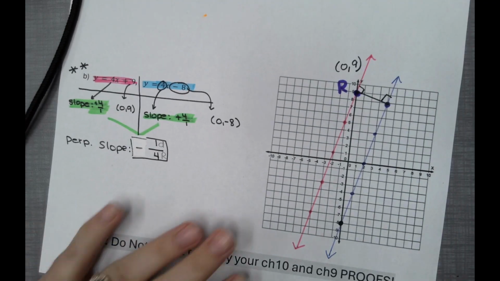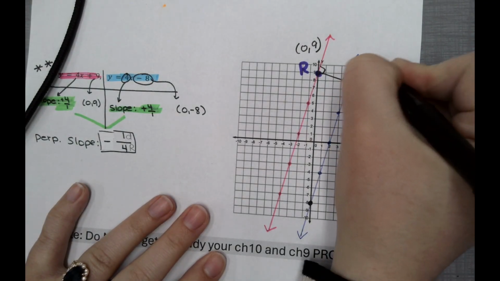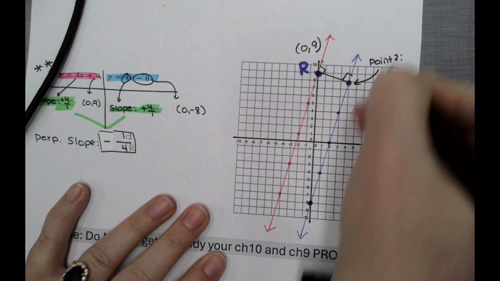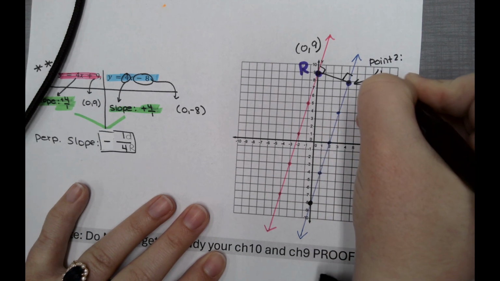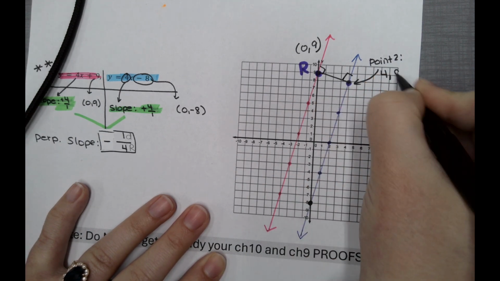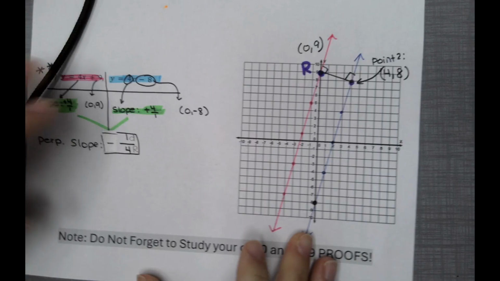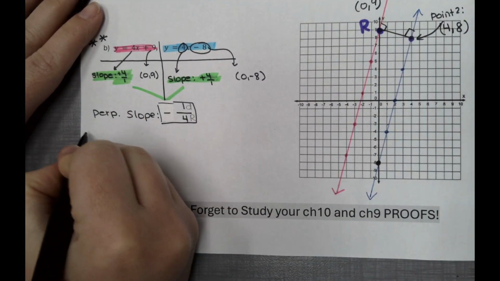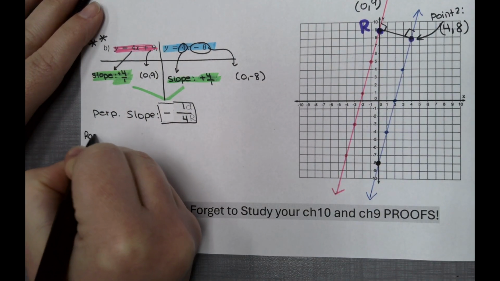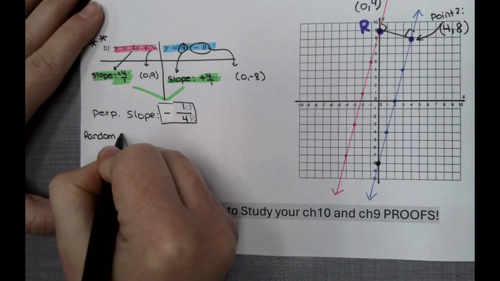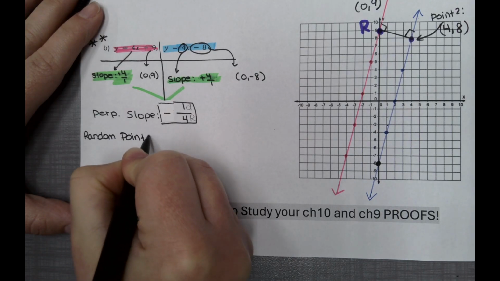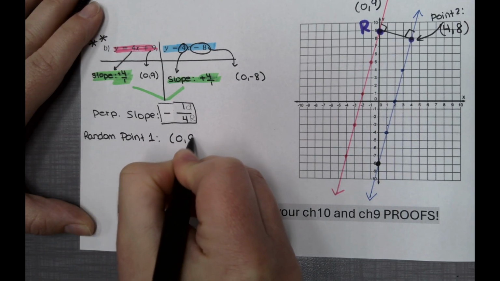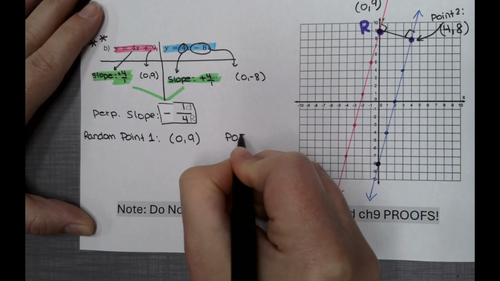Okay? So point number 2 is now at 4 and 8. So let's go ahead and find the distance between our random point number 1, which was at 0 and 9, and then our point of intersection, point number 2.